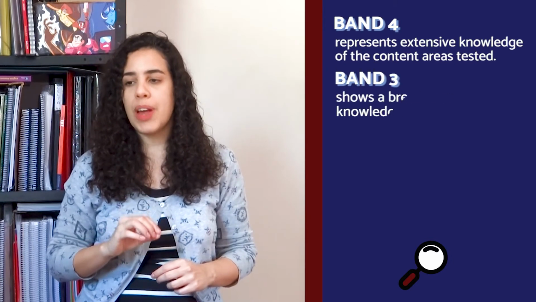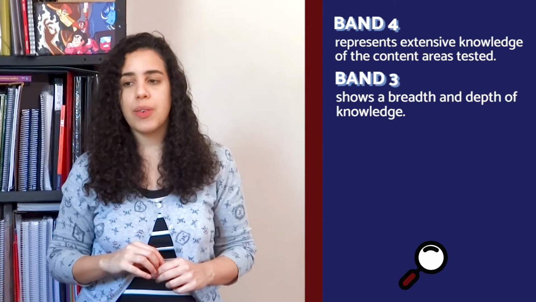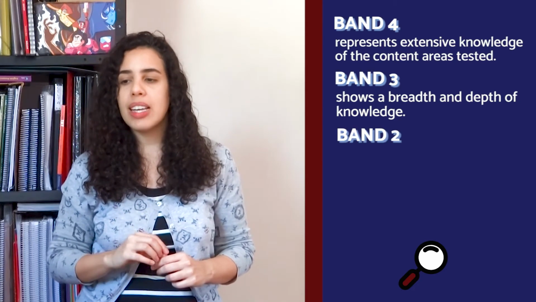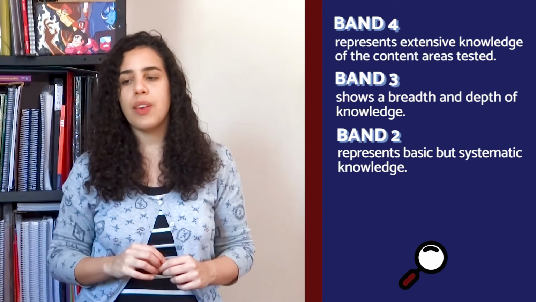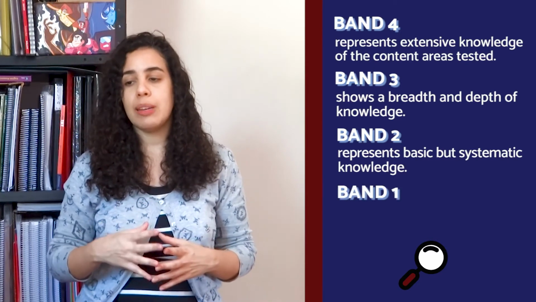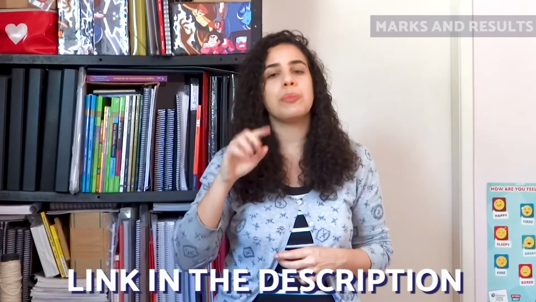Band 3. Breadth and depth of knowledge of TKT CLIL content areas. Band 2. Basic but systematic knowledge of TKT CLIL content areas. And Band 1. Limited knowledge of TKT CLIL content areas. If you want more information about the TKT bands, I'll leave a link in the description for you to check it out.